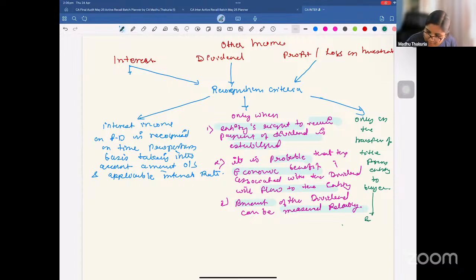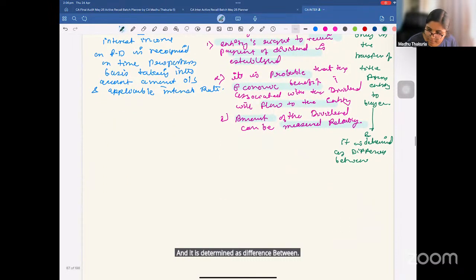And it is determined as the difference between redemption value minus carrying value.